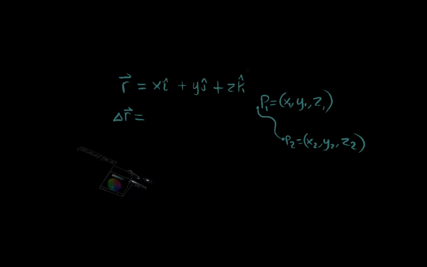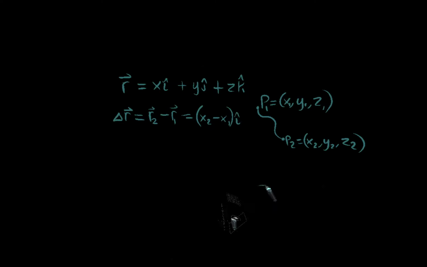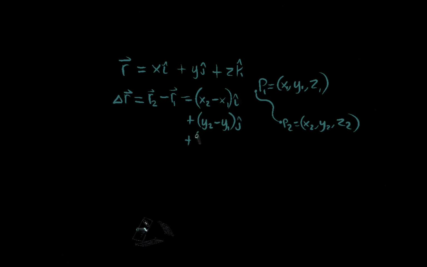And so if we're trying to find the displacement, we would just take r2 minus r1, because that's what that delta symbol means, which would be x2 minus x1 i hat, plus y2 minus y1 j hat, plus z2 minus z1 k hat.